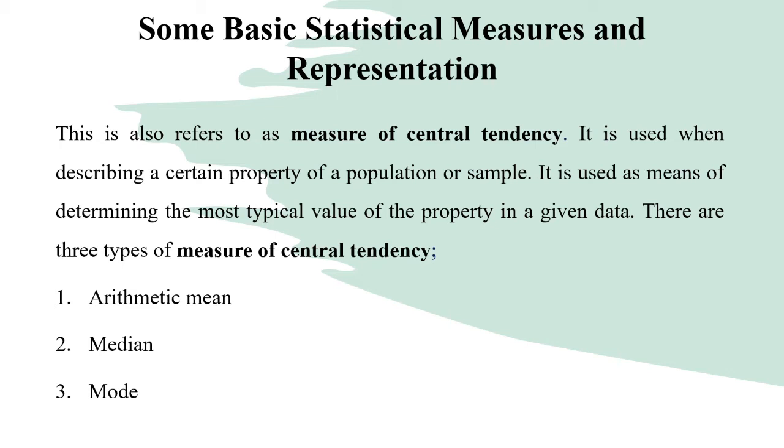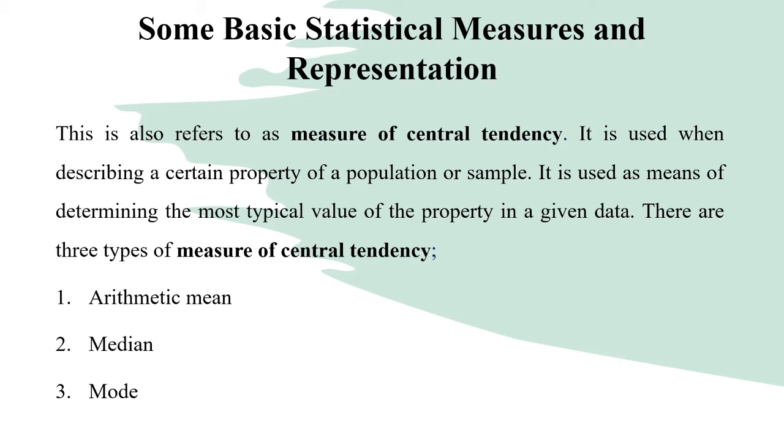For example, if you want to know the average of a population or sample, you can calculate the mean. If you want to know the median, that is the middle number of a population, you can calculate the median.